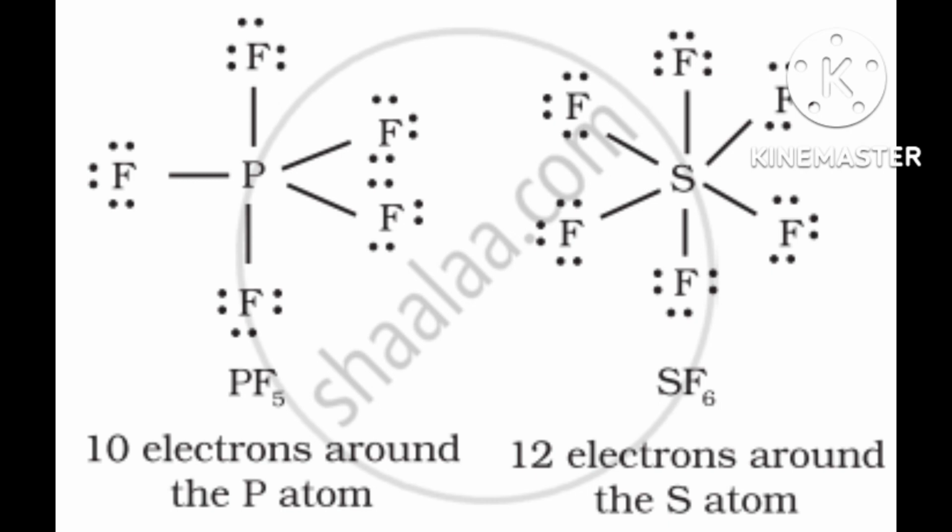Now the second limitation of the octet rule. This theory does not account for the shape of molecules. The octet rule does not tell anything about shape. This is the second limitation.